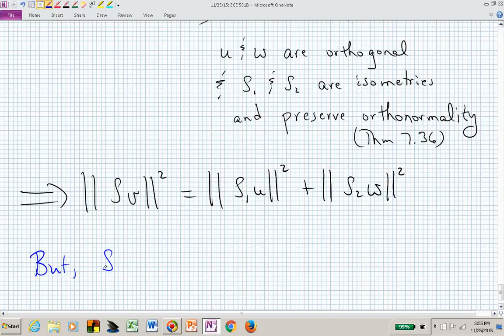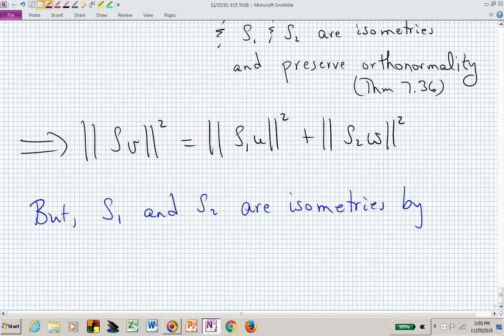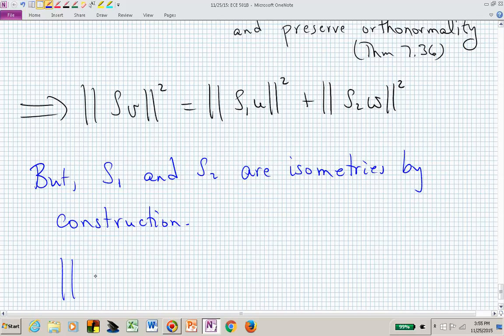But again, how did we create or construct S1 and S2? We constructed those to be isometries, or we've now shown that they are isometries earlier in today's material. So those were isometries by construction. If that's the case, then we know that SV squared, if S1 is an isometry, then we know that that's equal to, well, let's just write it down.